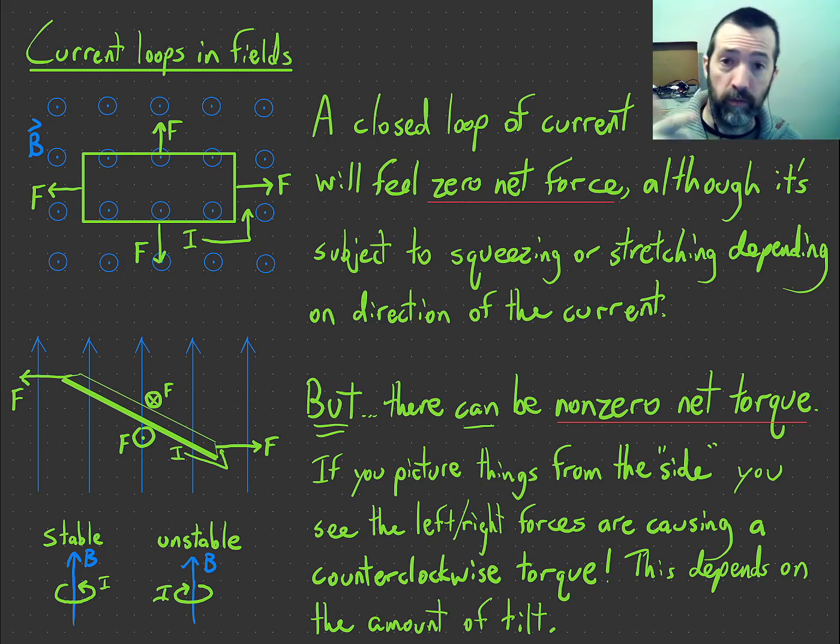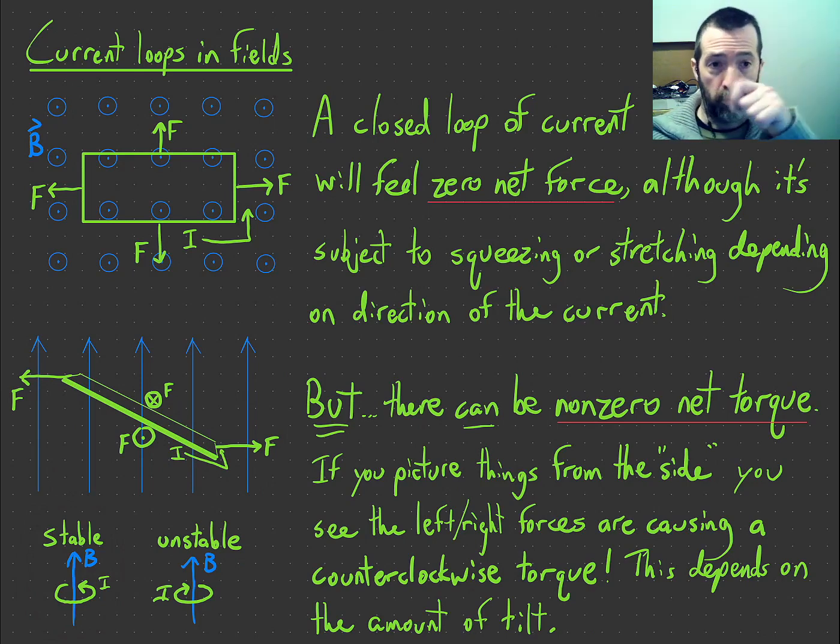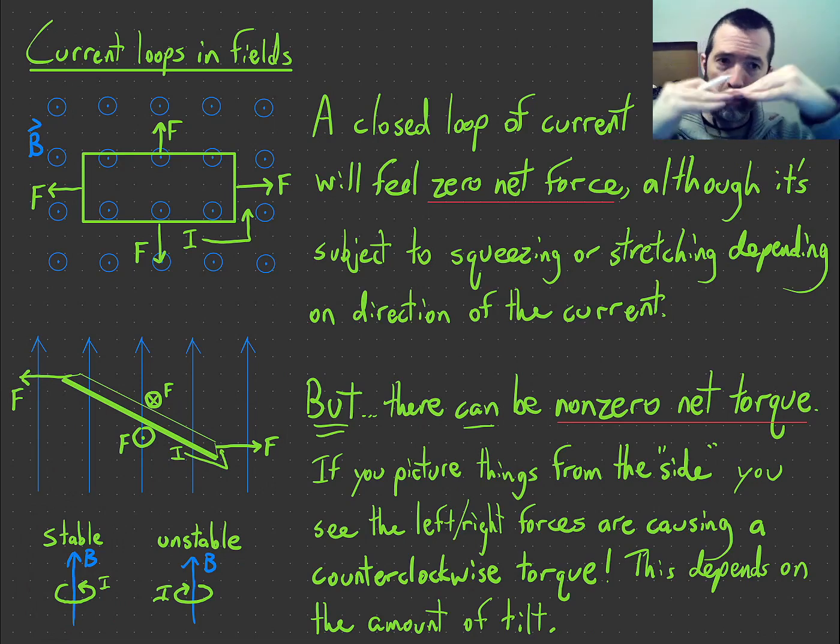And that does depend on the direction of the field and the current. So on the left, I've drawn the stable orientation. With this magnetic field going up, if the current goes around it that way, the way I've drawn it, and this part here is in front of the field line, so if the current is oriented that way, which is close to what I've drawn above, that's a stable configuration, where if you bump it out of alignment slightly, it'll just flop back and forth like this.